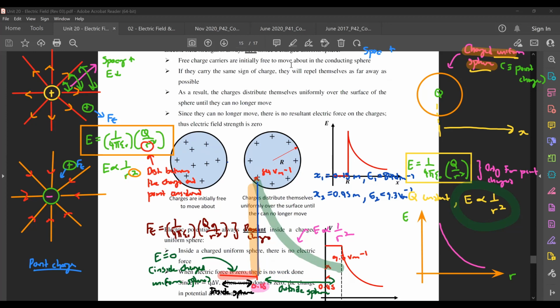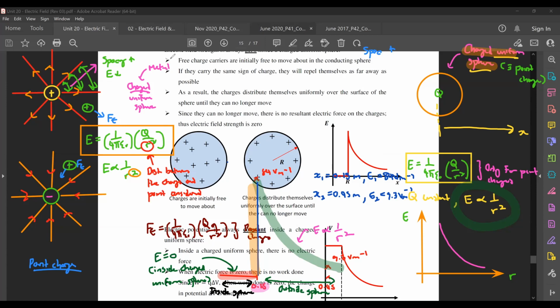When you're talking about a charged uniform sphere, because they carry charges, that must mean that they are made out of metal. Okay, you cannot have a charged plastic sphere or anything like that, right? So if you have a charged sphere, it really kind of implies to you that it's made out of metal.